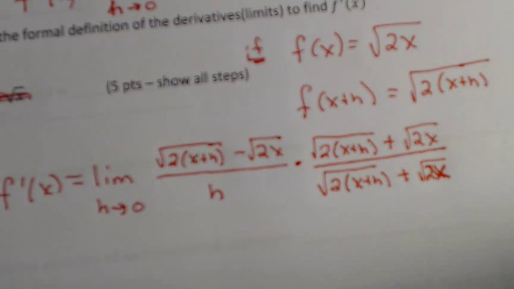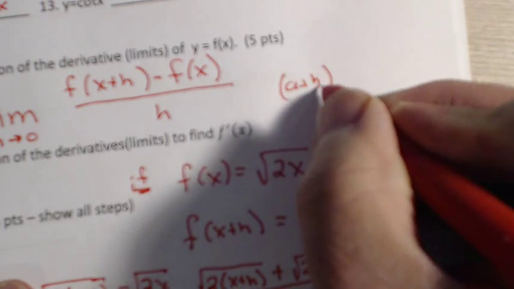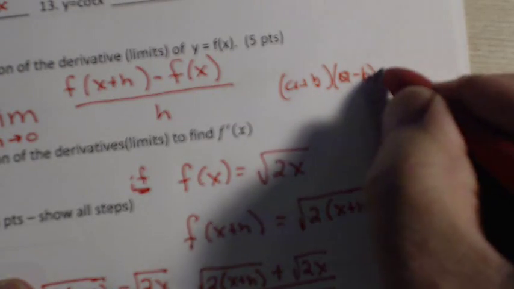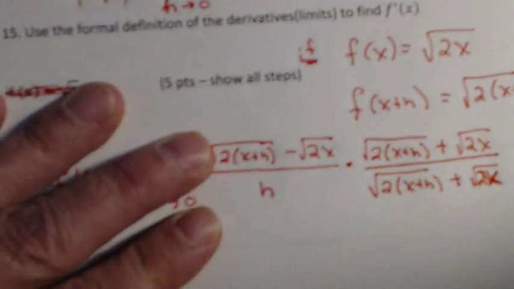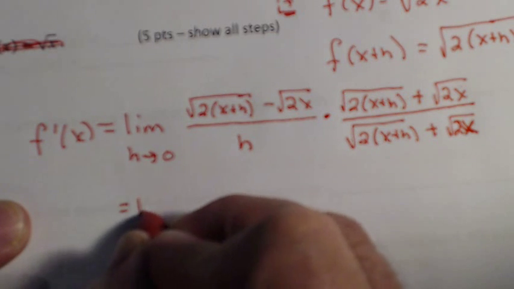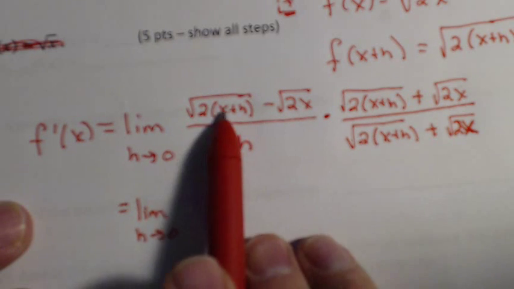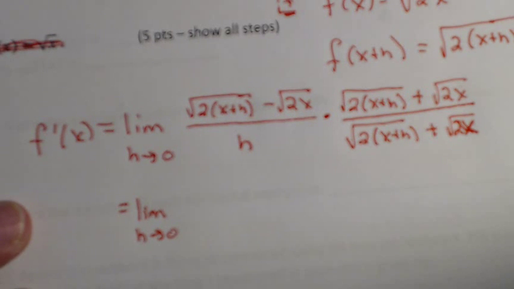Sorry for getting messy there. That's the square root of 2x. Okay, now the reason you do that is you're trying to set up the fact that whenever you take a plus b and multiply it by a minus b, which is what essentially you're doing here, you're going to get a squared minus b squared. And when we square these square roots, they're going to go away. So this equals the limit as h approaches 0. In the numerator, I get the first term squared minus the second term squared. That's the a squared minus b squared result.